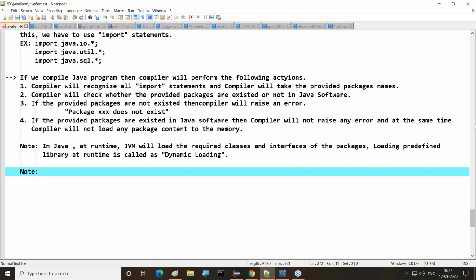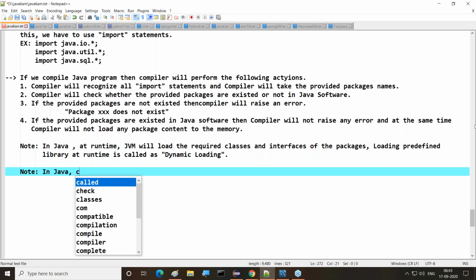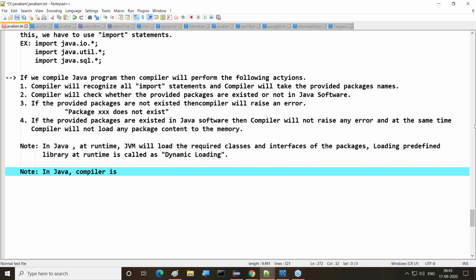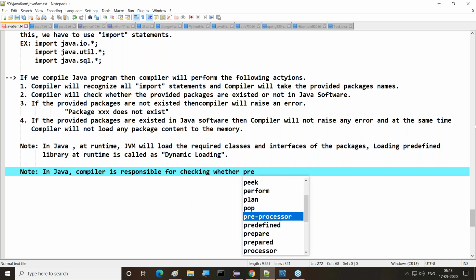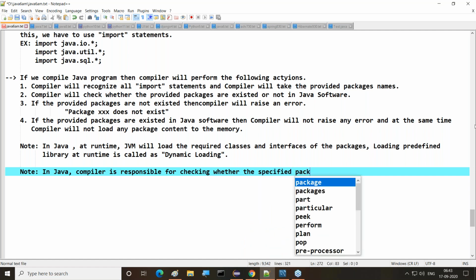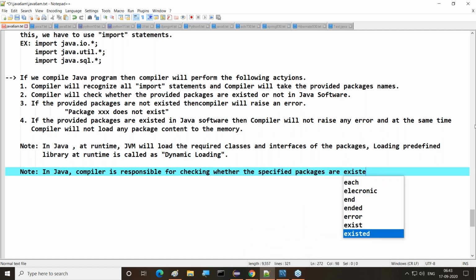In Java, the compiler is responsible for checking whether the predefined library, that means whether the specified packages, exist or not.